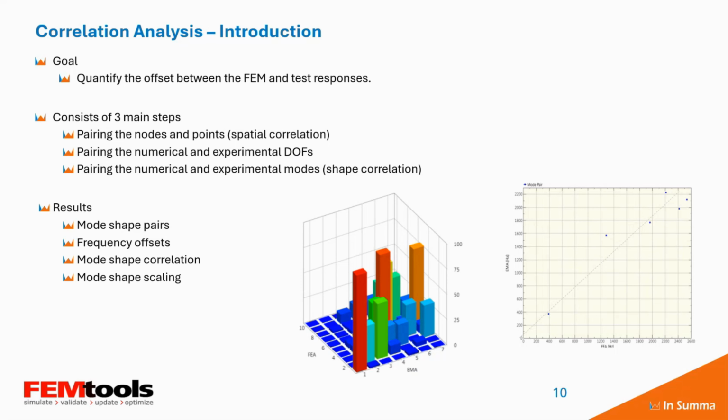The results we get from that are, for instance, mode shape pairs, frequency offsets, and mode shape correlation, which is sometimes represented by the plot on the left-hand figure here, which is a MAC plot. It tells us how each mode is in agreement from the test to the FE model here.